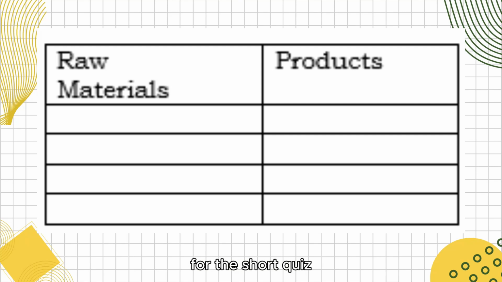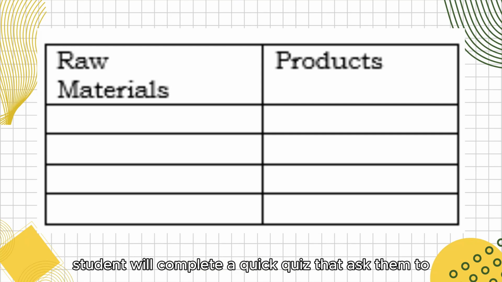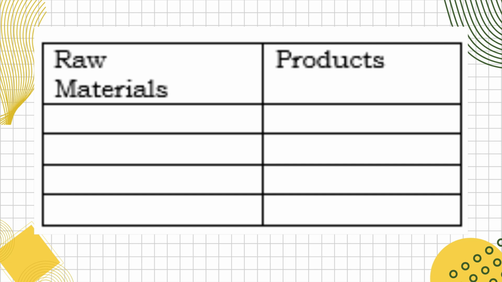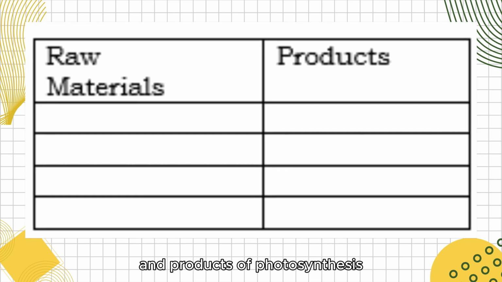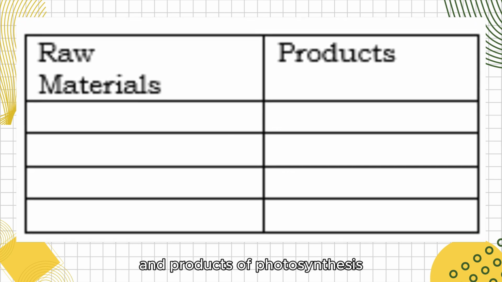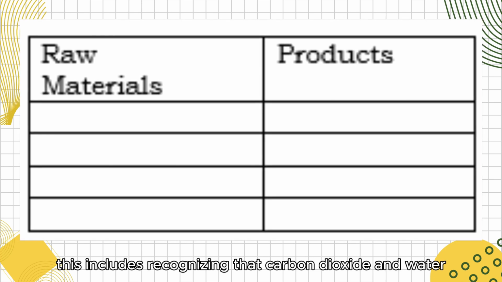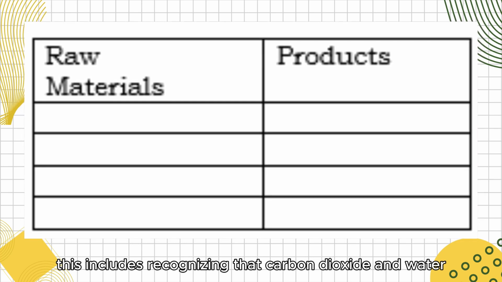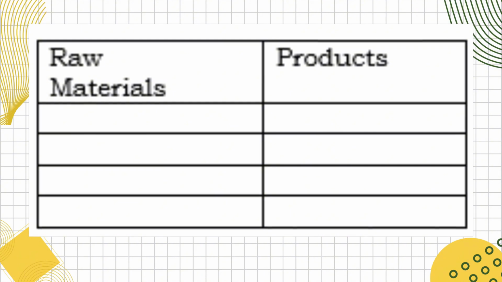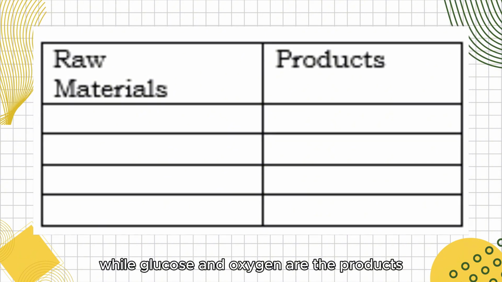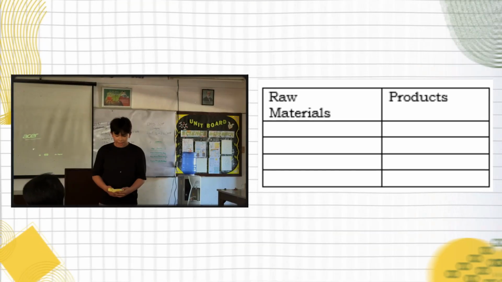For the short quiz, students will complete a quiz that asks them to identify the raw materials and products of photosynthesis. This includes recognizing that carbon dioxide and water are the raw materials, while glucose and oxygen are the products.